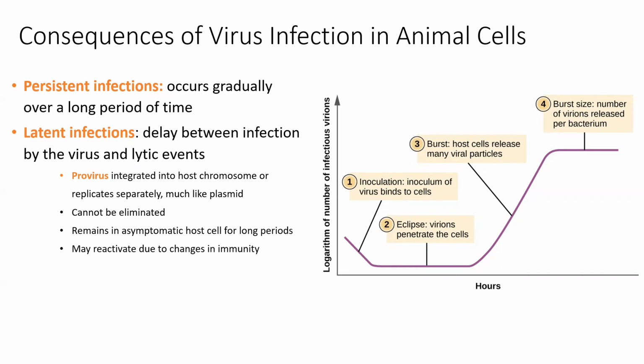But remember, once those viruses get inside the host, what do they do? They uncoat, and when they uncoat, they are no longer intact infectious virions. So that's that initial decrease that you see happening there. During this eclipse period, the virions are getting into the cell, and then eventually they're going to start going through biosynthesis and maturation. You're going to see this increase in virions, and then they are going to be released and move on to infect new cells.